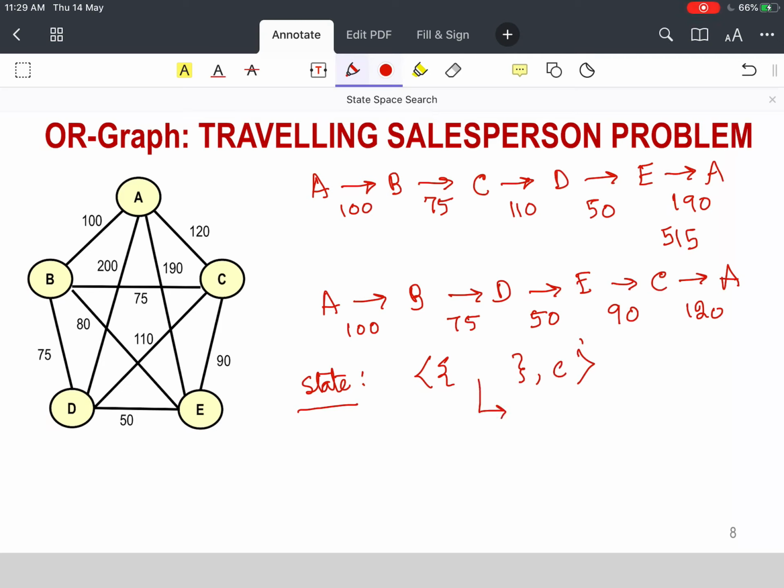So it is a sequence of states visited till now and C is the current cost.